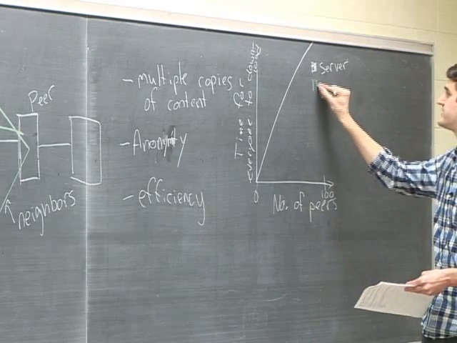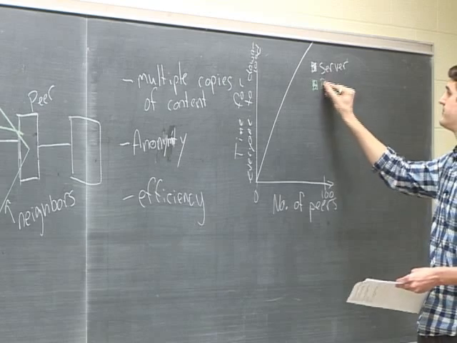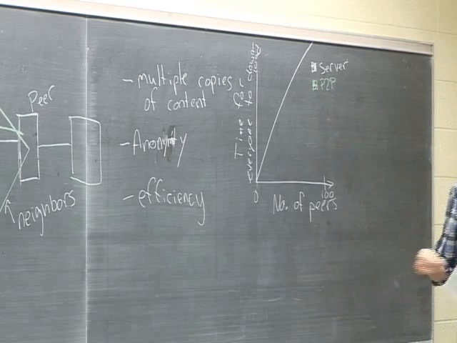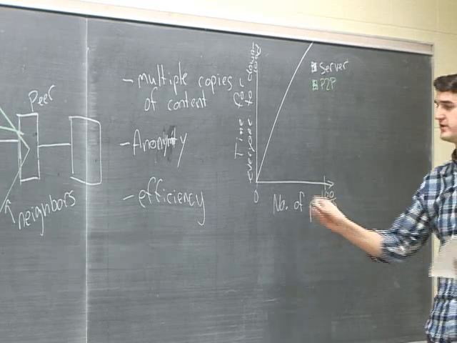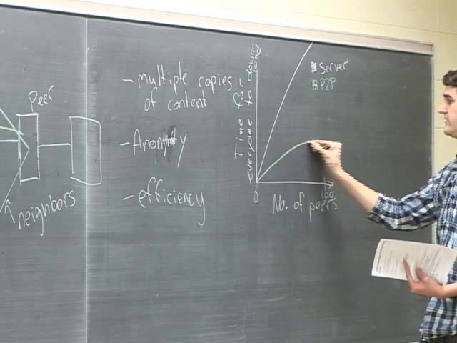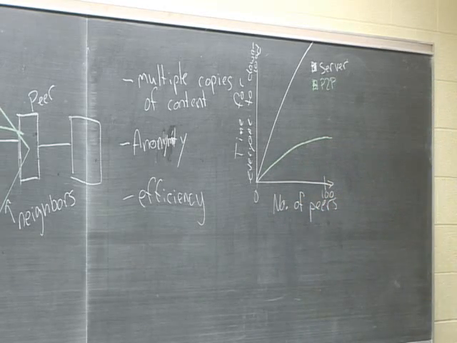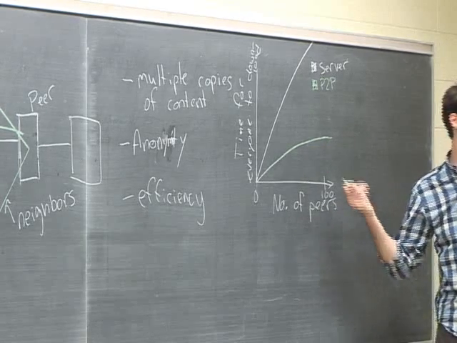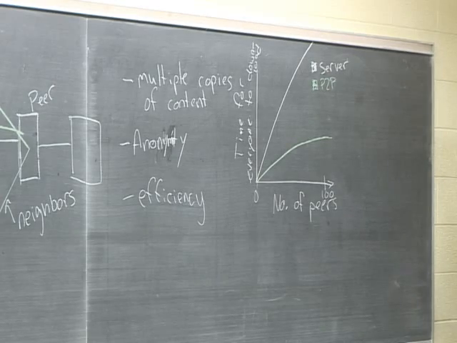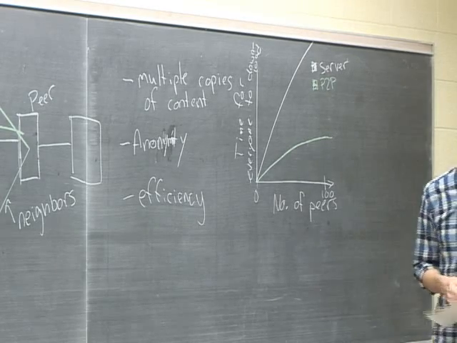But in a peer-to-peer system, things happen much quicker, because each peer is utilizing their downlink bandwidth as well as their uplink bandwidth. So things look a little more like this, where they taper off as there are more peers. We have this logarithmic growth instead of a straight line. Okay?